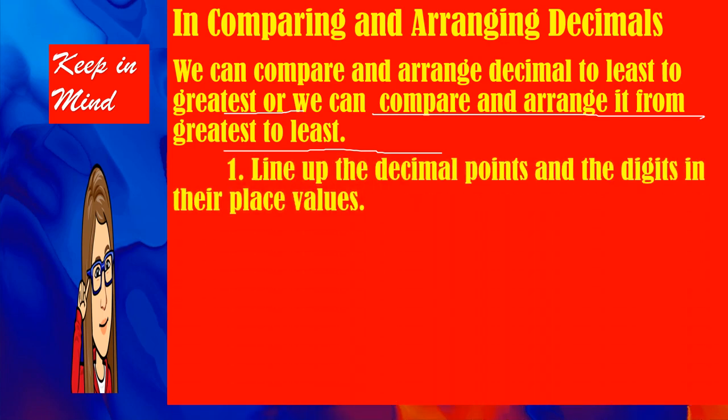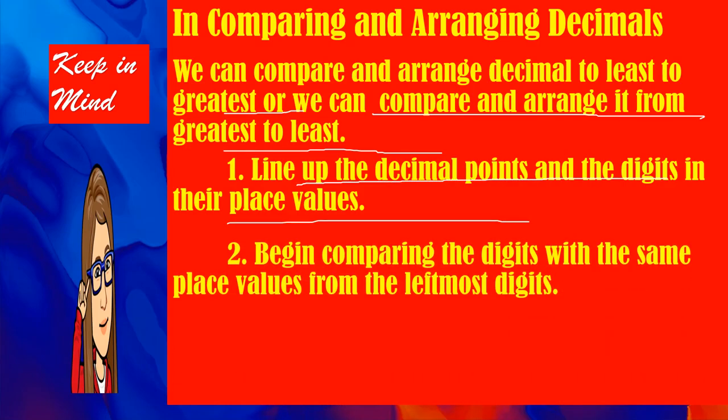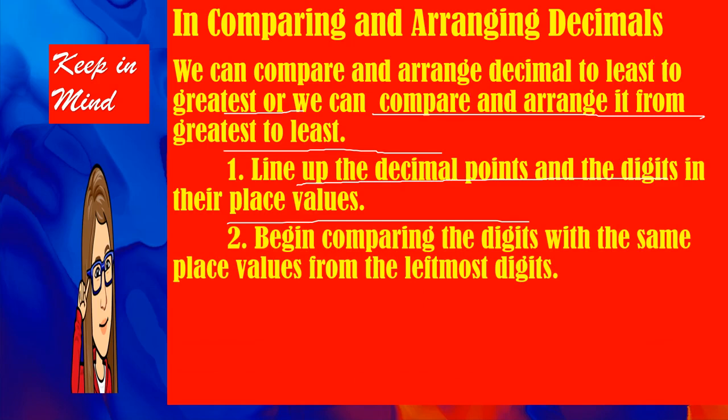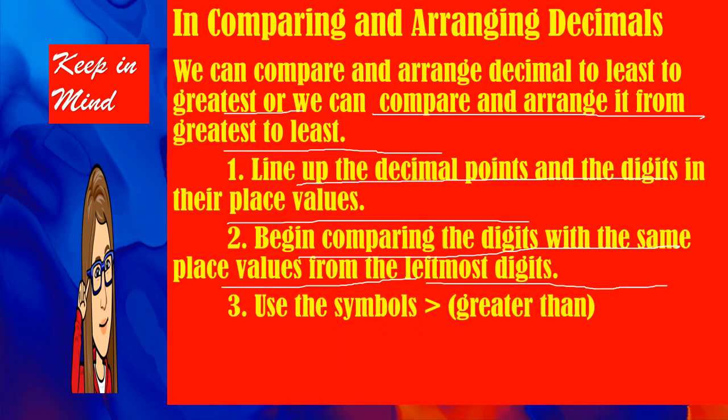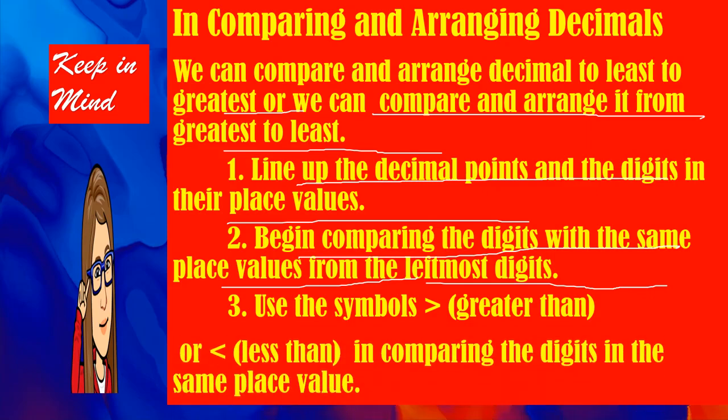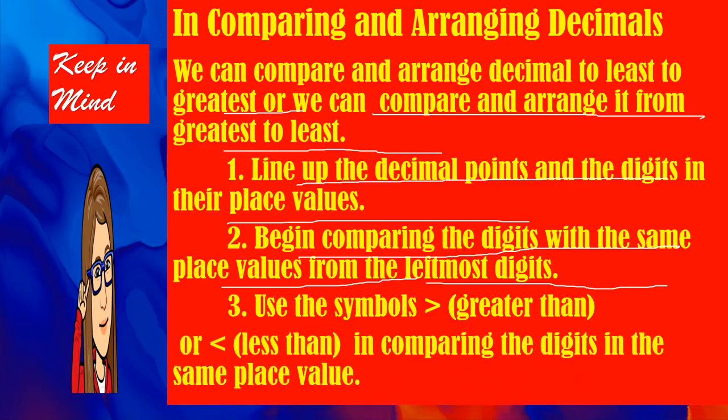First, line up the decimal points and the digits in their place values. Second, begin comparing the digits with the same place values from the leftmost digits. And third, use the symbol greater than or less than in comparing the digits in the same place value.